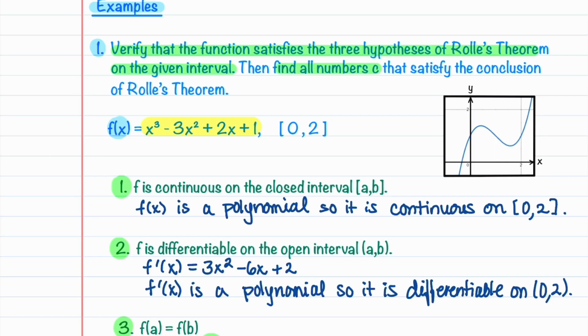Let's first look at the value of our function at the endpoints. At 0, we have a function value of this, and here is our function value at 2. You can see that they are the same points. And then at this point, we have a horizontal tangent, and at this point, we have a horizontal tangent.